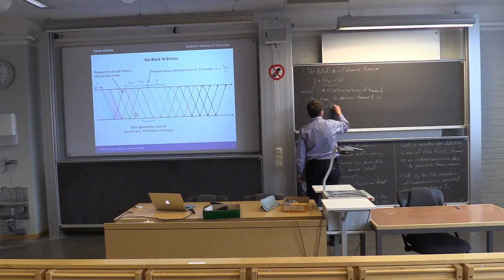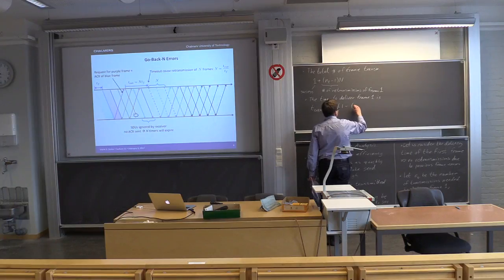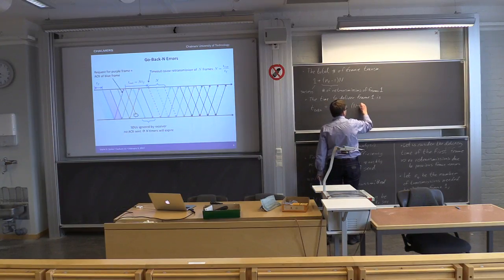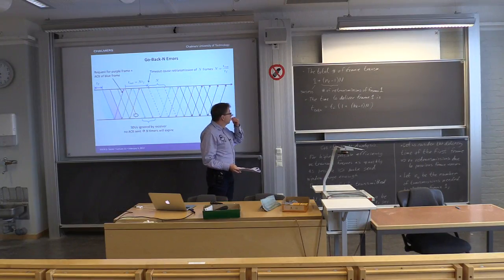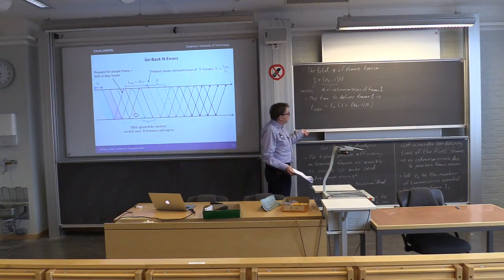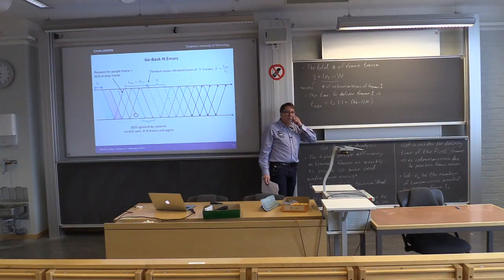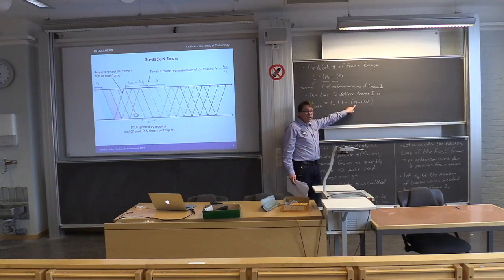So it's Tf times 1 plus (Nt minus 1) times N. Okay. So Nt here is the number of times we need to transmit frame number 1, including retransmissions.